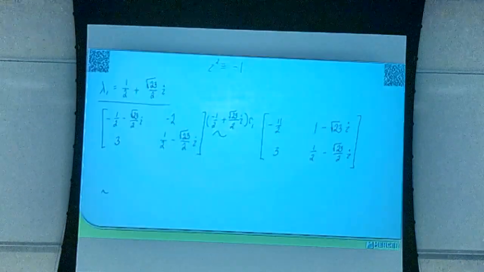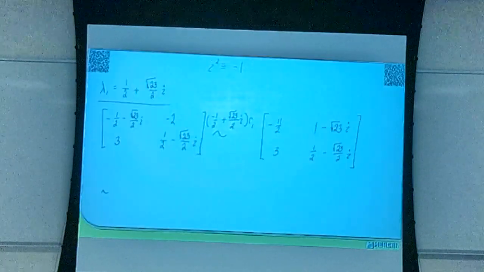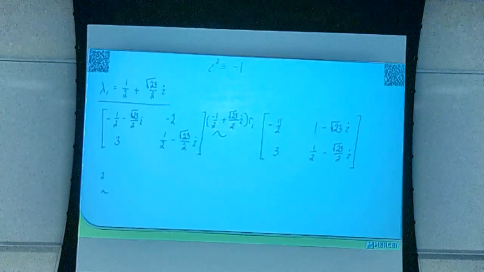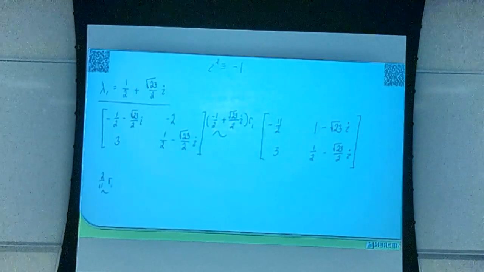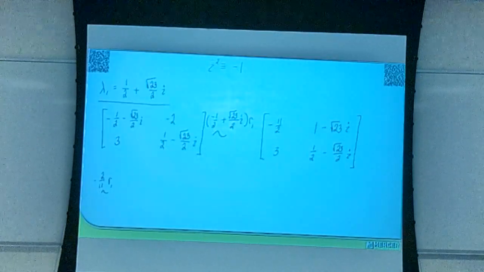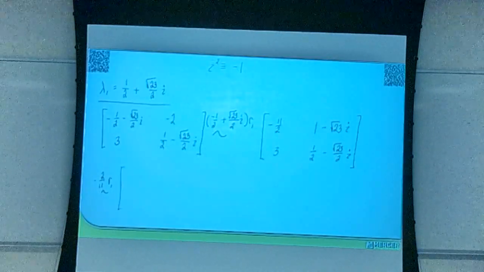The next step in the process is now to make that negative 11 halves 1. So you can multiply by negative 2 11ths. 1.